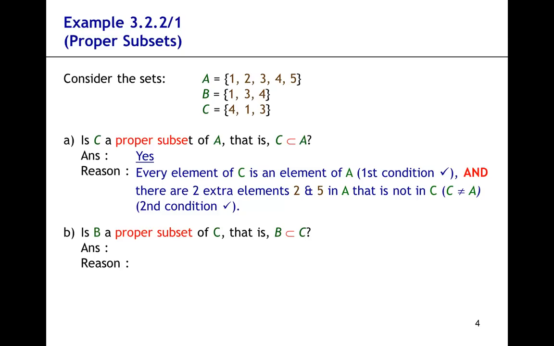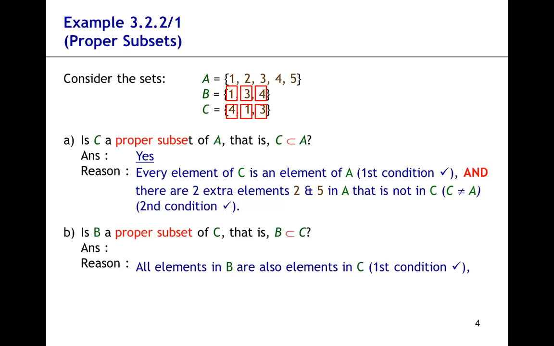Again, this is about proper subset, so we need to check two conditions. Let's start with condition 1. Elements 4, 1, and 3 in B can also be found in C. So every element in B is also an element in C. Hence, condition 1 is met.